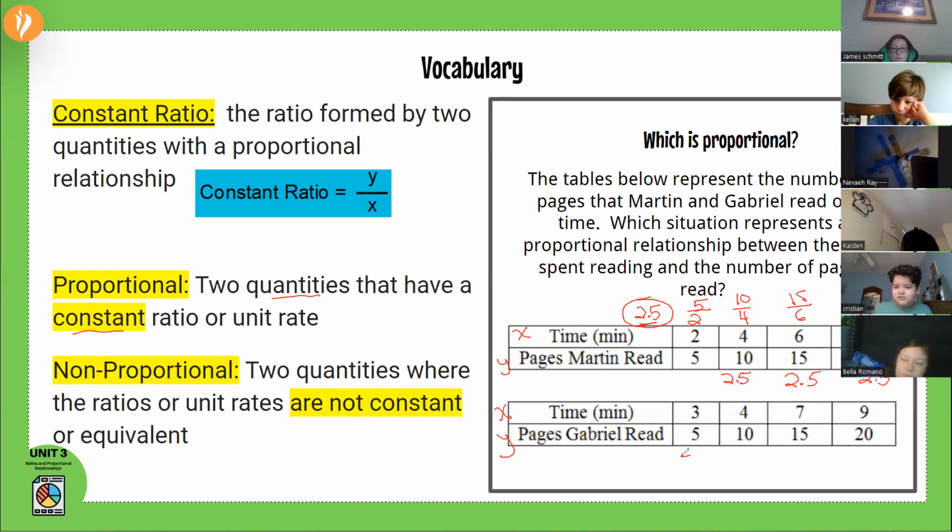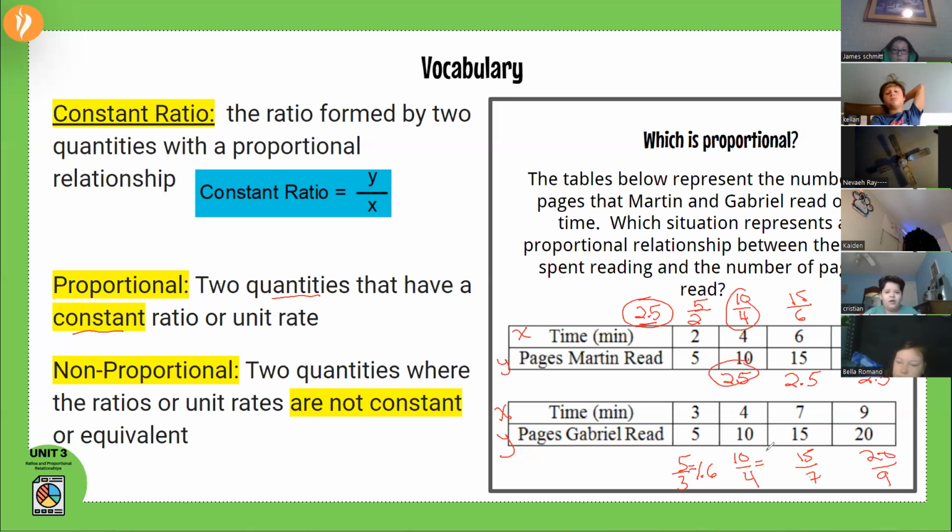So he read 5 pages in 3 hours, 10 pages in 4 hours, 15 pages in 7 hours, and 20 pages in 9 hours. All right, so what's 5 divided by 3? Karen said it's 1.6. So we'll put 1.6. All right, what's 10 divided by 4? We did it up here, didn't we?